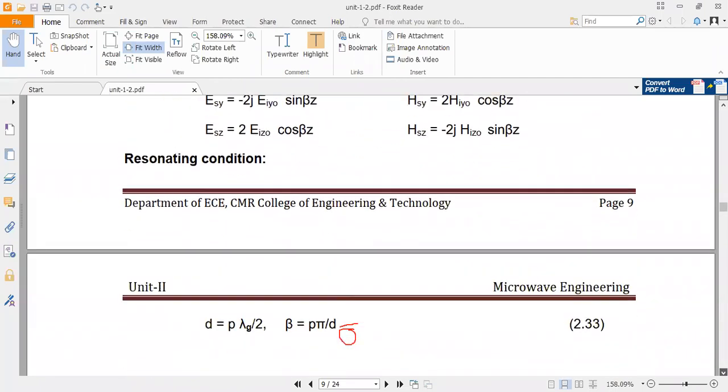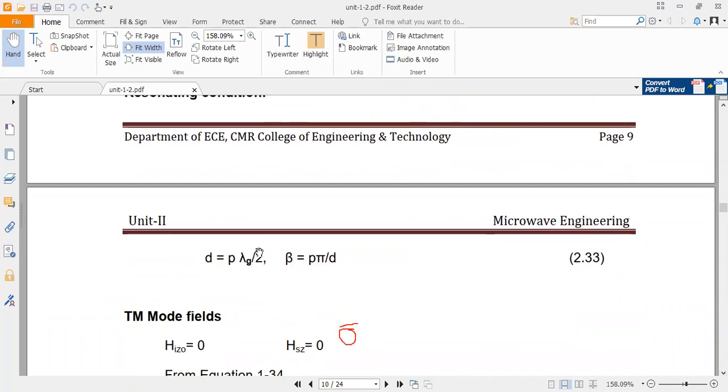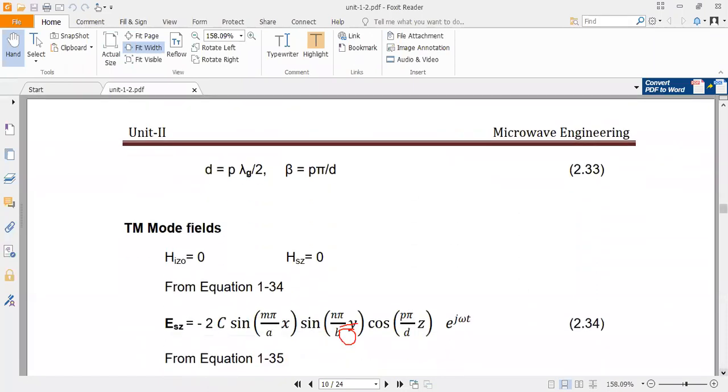I told the resonant conditions: the length of the resonator should be multiples of lambda g by 2, where p is equal to 0, 1, 2, 3 like that, and beta should be p pi by D. Then you are going to get resonance.